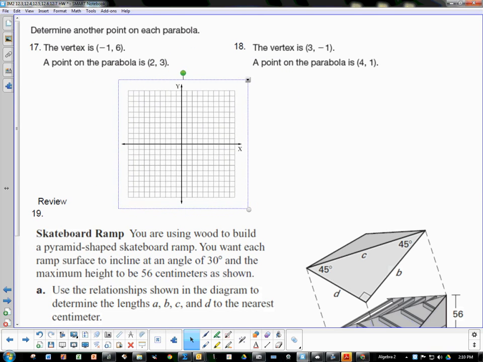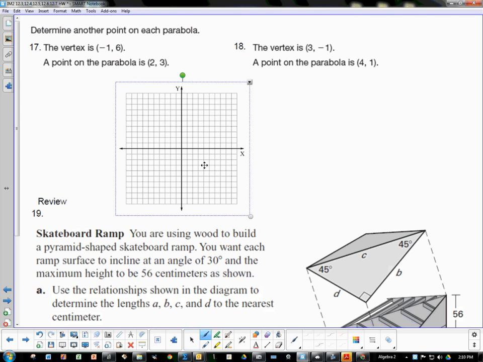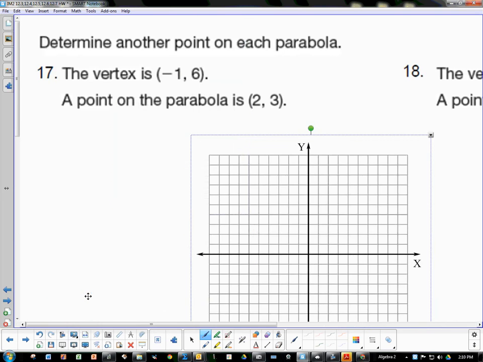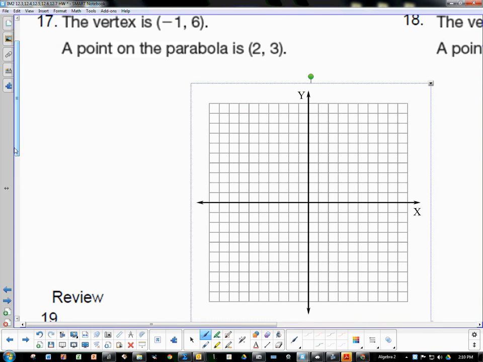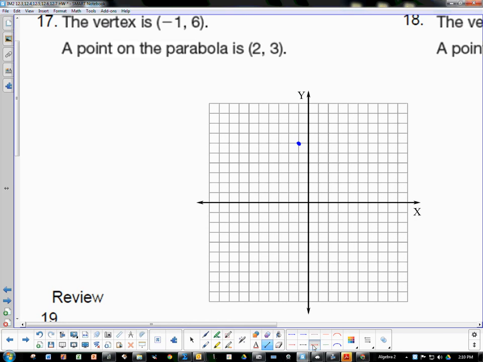There we go. So the vertex is -1, comma 6. Okay, so -1, comma 6. I'll zoom in for you. There we go. -1, comma 1, 2, 3, 4, 5, and 6. There's my vertex. So we know that the line of symmetry, or the axis of symmetry, passes through that point.